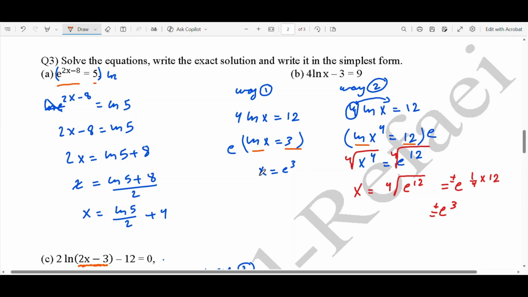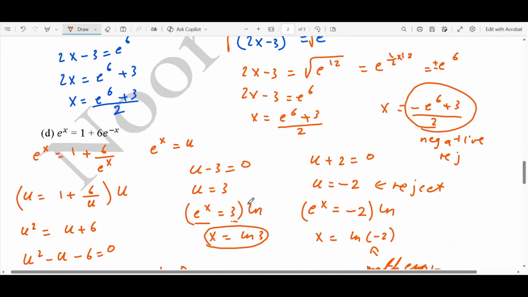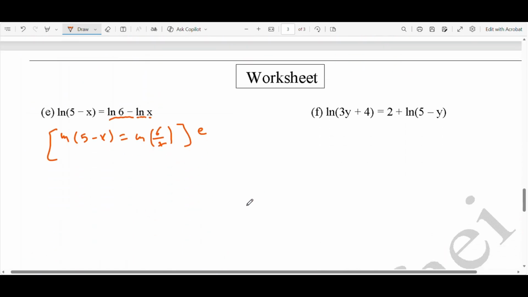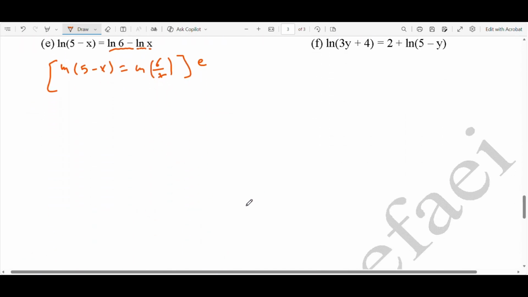If you have more than one term, do your best to consider them as one term. First, try to combine them, and if you couldn't combine them, consider them as one term. So when you multiply by ln or e, be careful that you have one term on the right of the equivalency and one term on the left.